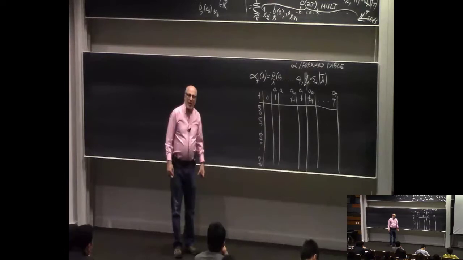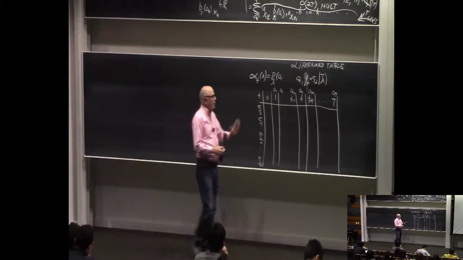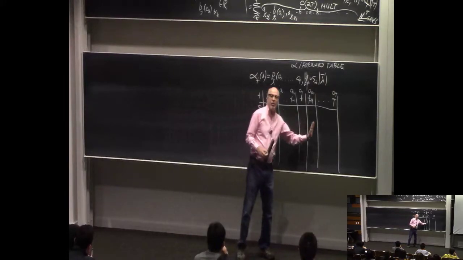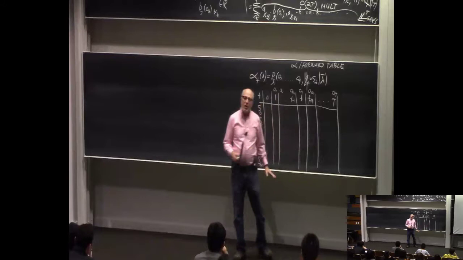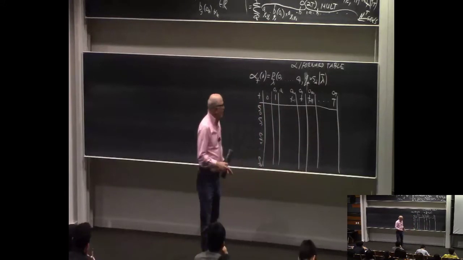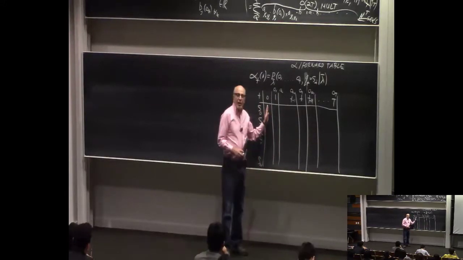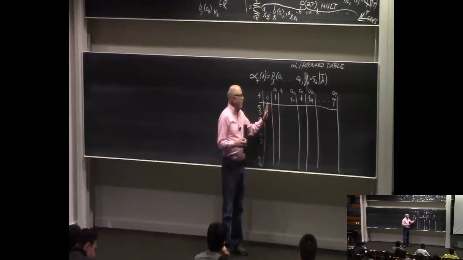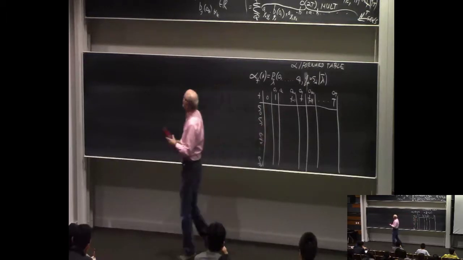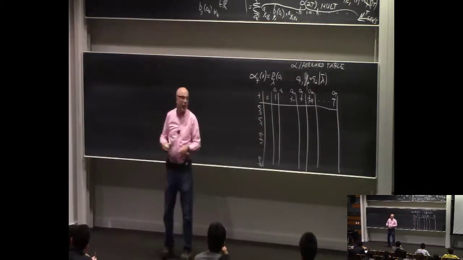I'm going to show you how I initialize the table, and then how I fill the columns from left to right. I'm going to fill every column from left to right. First, how do I initialize the table? This is in a sense up to me. In the general case, what I put here is that initial state distribution, pi.